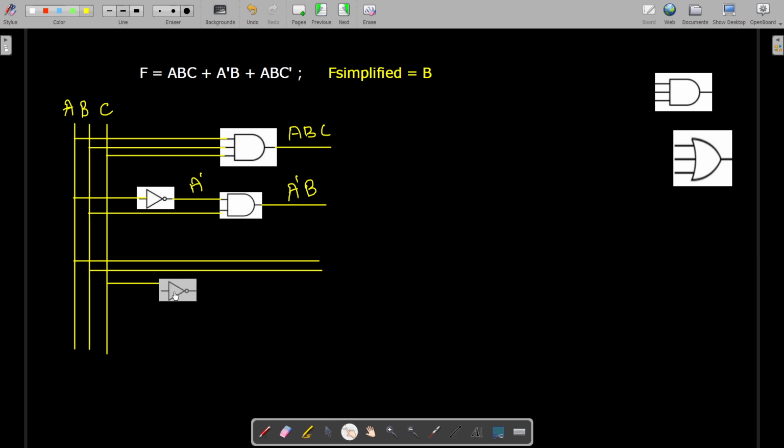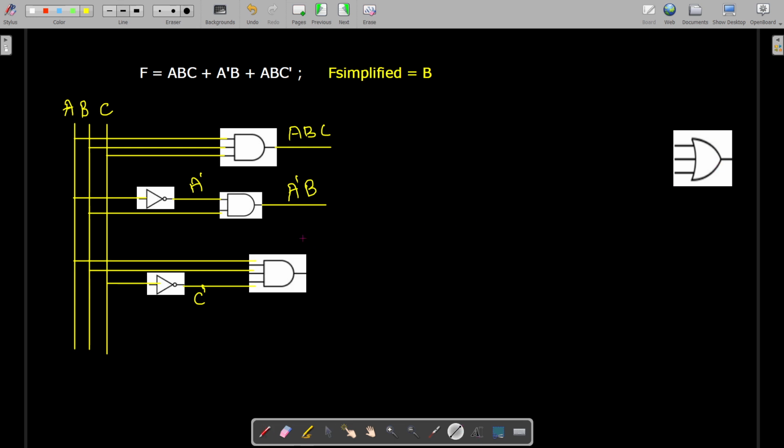So the C line is given to one inverter and the output of this inverter is C dash. These three are now given to a three input AND gate, so this output is ABC dash.